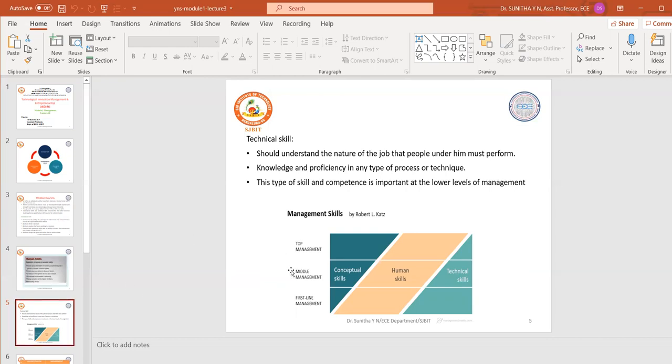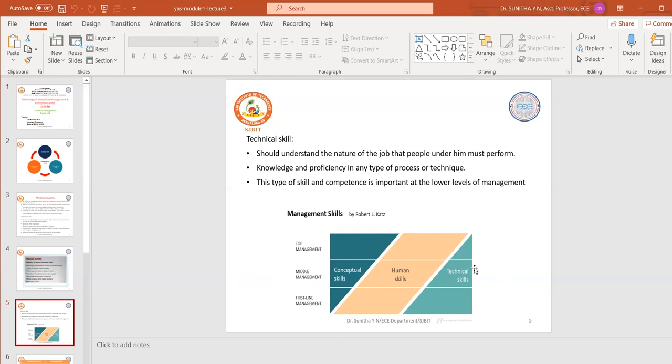See, the management skill chart by Robert L. Katz. He has come out with a beautiful chart. This is such an excellent chart he has made. To the left, he has taken top level management, middle level management, and frontline or low level managers.